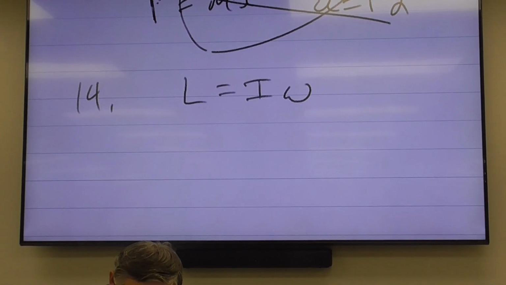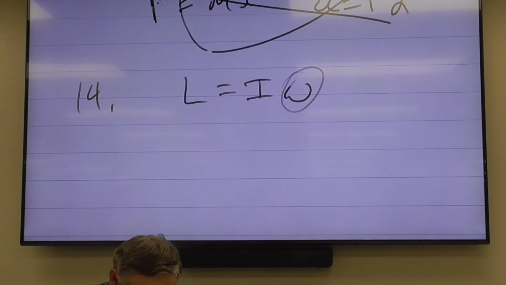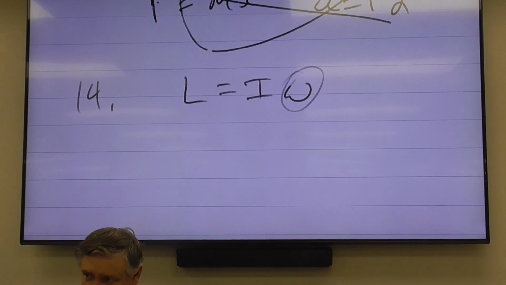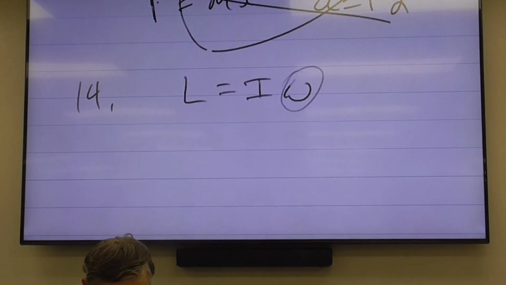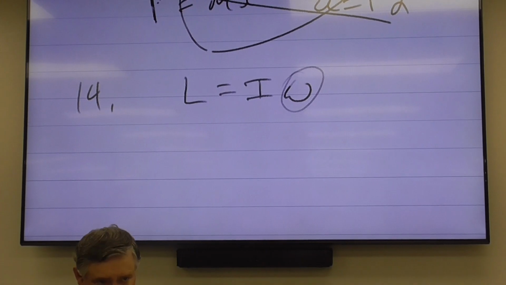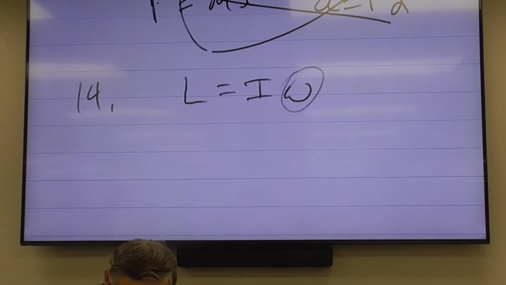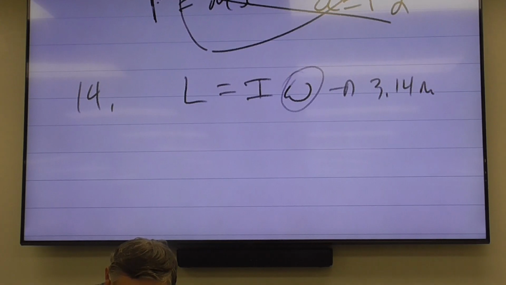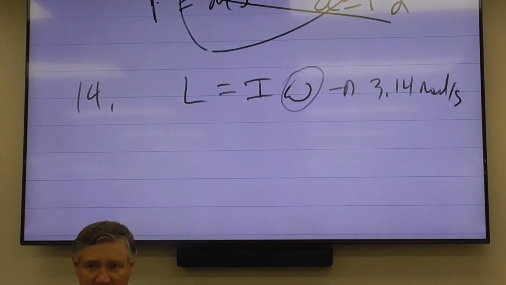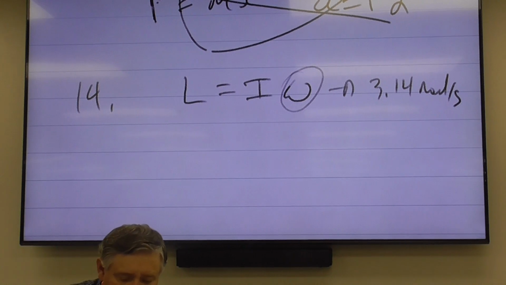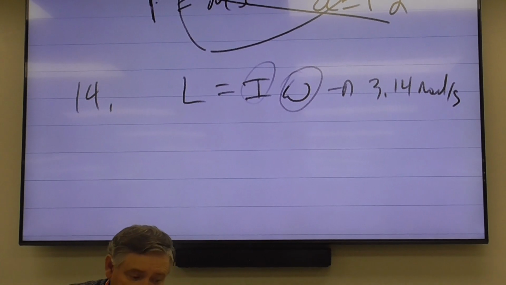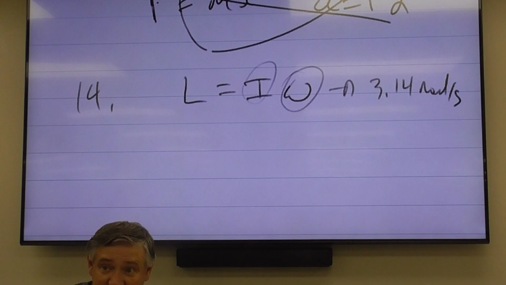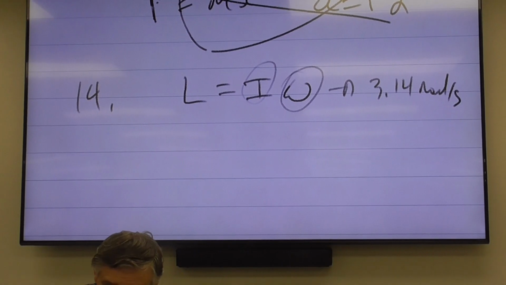So in this situation, for your omega, you've got to take the 30 revolutions per minute, which again has 3 significant digits, and change that into radians per second, which should be, oddly enough, about 3.14 radians per second. Okay? Then on your I, I gave you the equation for the moment of inertia, 2/3 mr squared.